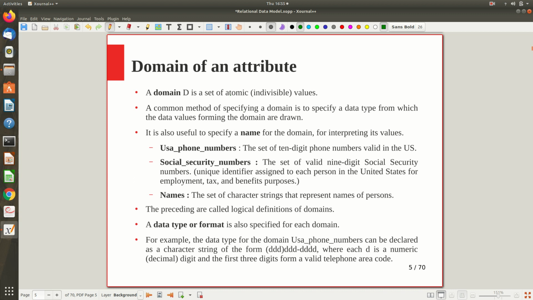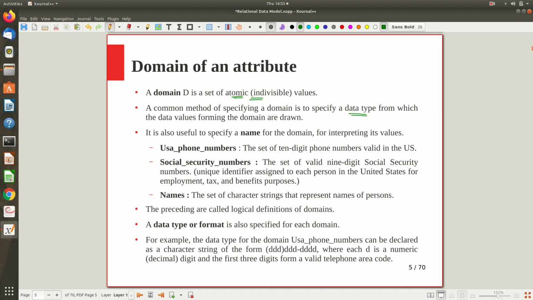You can't divide it further, and variations are also there, but basically in the relational model we talk about a set of atomic values as a domain. A common method of specifying a domain is to specify its data type, from which the data values are coming. If I say its domain is integer, then I can say that the domain is the set of all integers. Further you can have restrictions also.